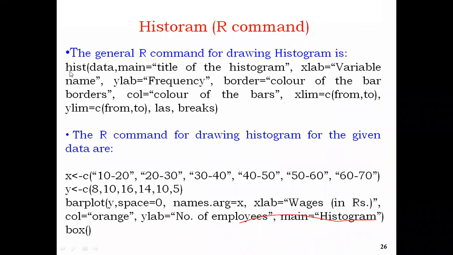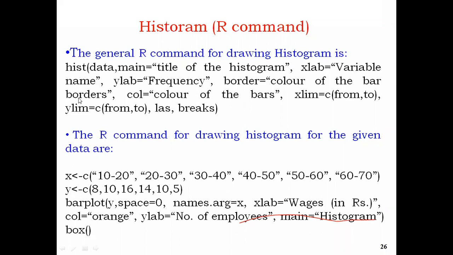I have given all those in my first, second or third slide. So HIST means histogram. Here you write HIST, then data, which for our example is what is given, then main, the title of the histogram, then XLab, the variable name, and YLab, frequency.